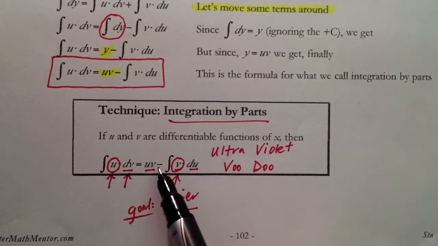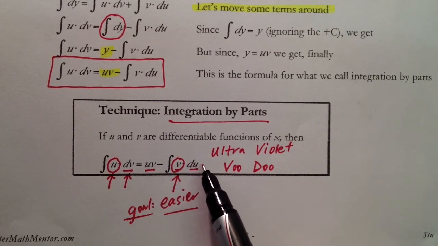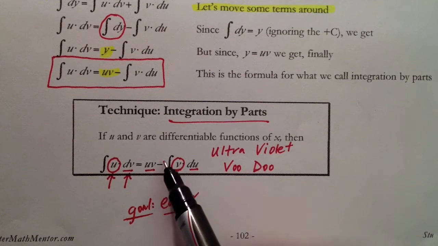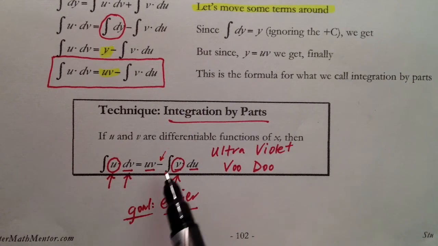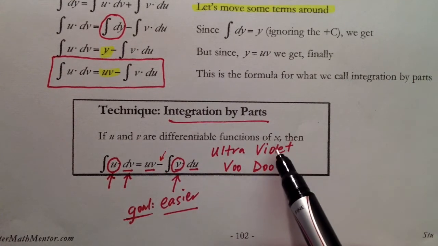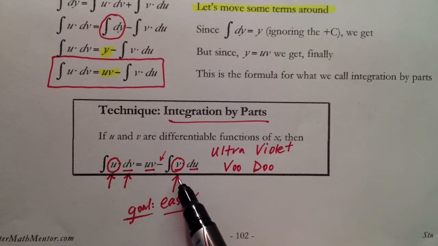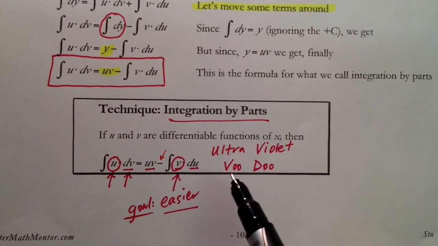That's the ultraviolet. U times v, ultraviolet. And then we have v du, so that's the voodoo, ultraviolet voodoo. And there's always a minus sign right there. So the formula always has a minus sign. If you can remember the minus sign and ultraviolet voodoo, okay, so you can remember that. Say it as many times as you need to, but you need to remember this formula.